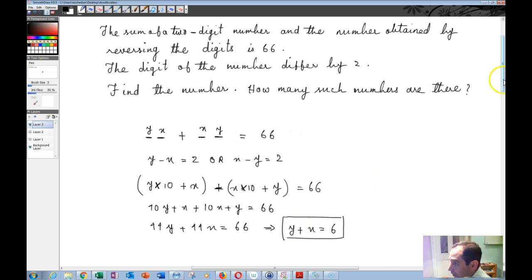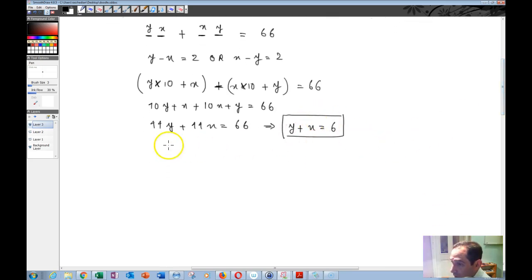Basically I get two pairs of equations, meaning that I get x plus y is equal to 6 and x minus y is equal to 2. This is one pair. Or I will get x plus y is equal to 6, which comes from here, and then, I'm sorry, y minus x is equal to 2.